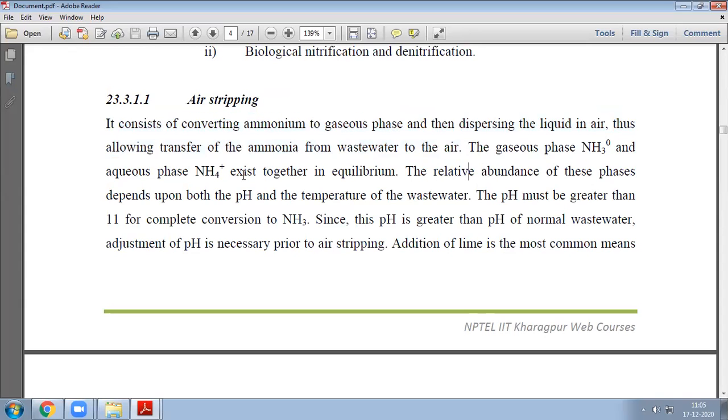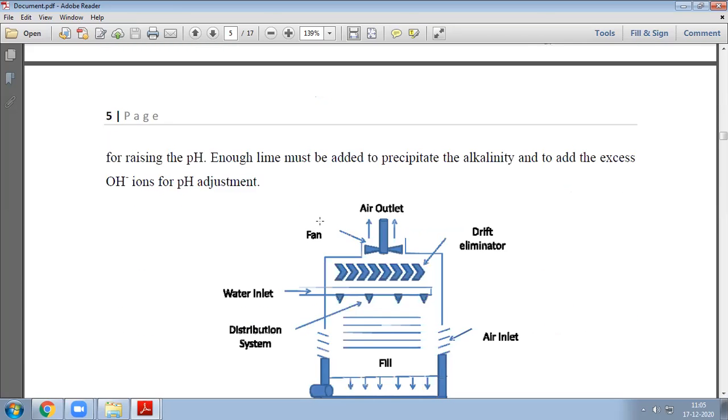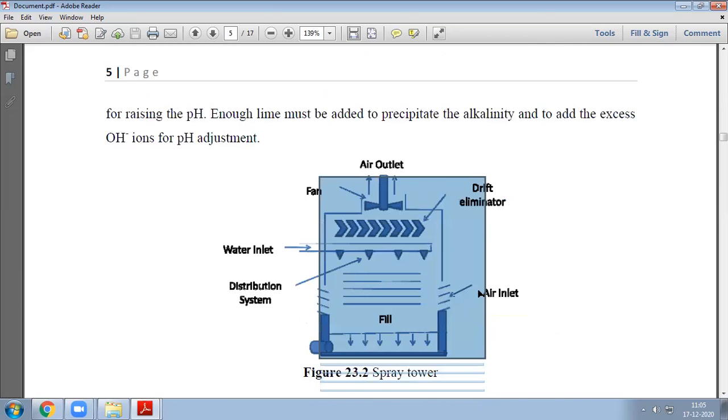The gaseous phase ammonia and aqueous phase exist together in equilibrium, and some factors like pH and temperature keep varying. To do this air stripping, the pH must be greater than 11 to completely convert ammonia. So up to here you read and try to draw this figure.